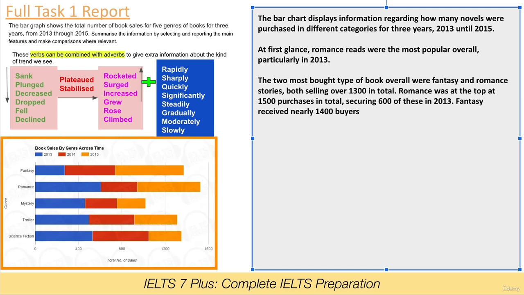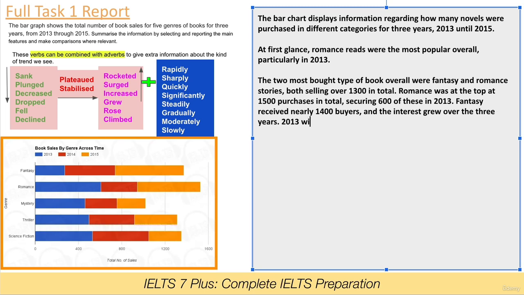Fantasy received nearly 1,400 buyers, and the interest grew over the 3 years.